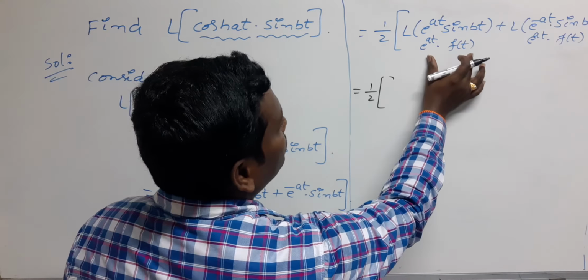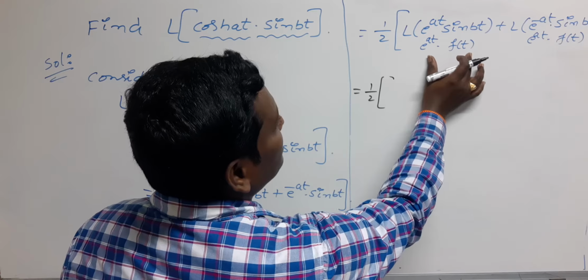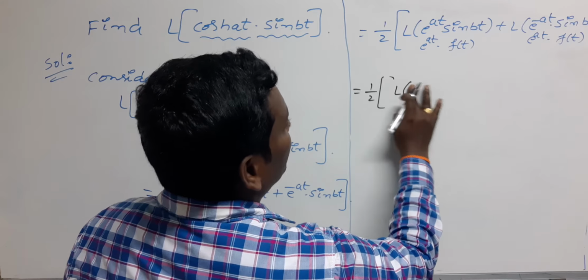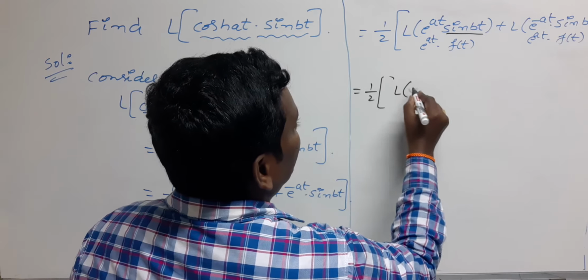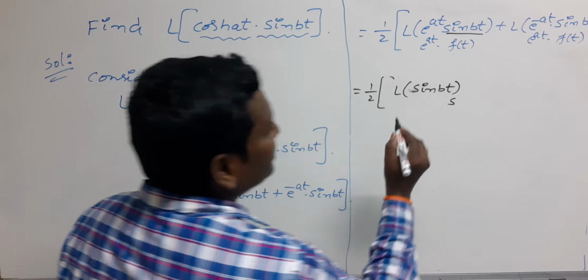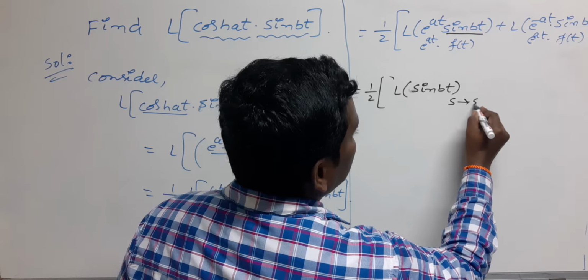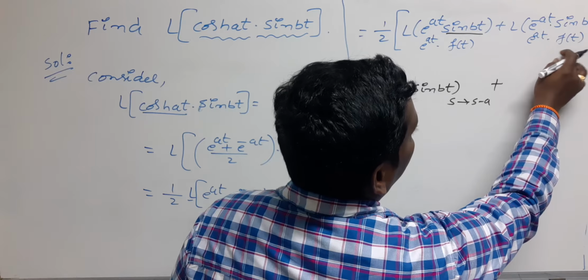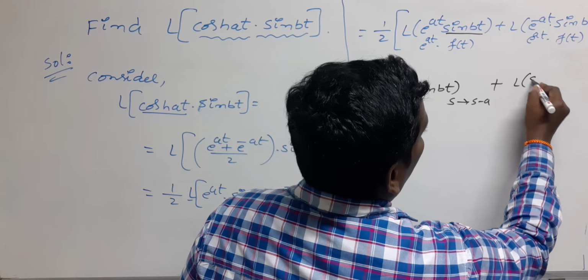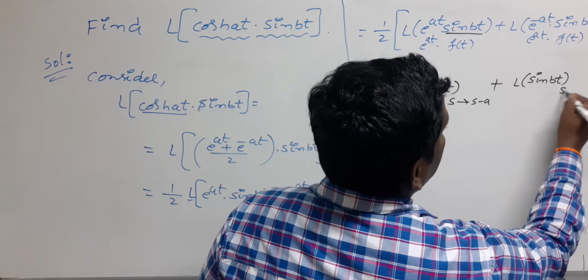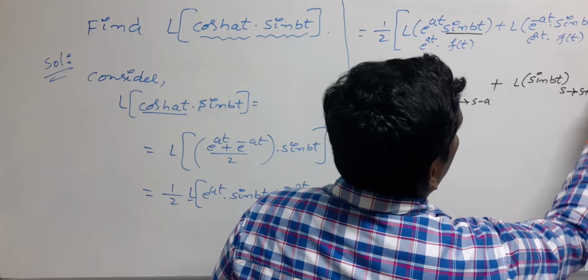According to the Laplace first shifting theorem, this becomes L of f of t. What is f of t? sin(bt). In this Laplace transform, you should replace s by s minus a. Plus, here also we are applying the first shifting theorem. According to the first shifting theorem, it becomes L of sin(bt) as s tends to s plus a.